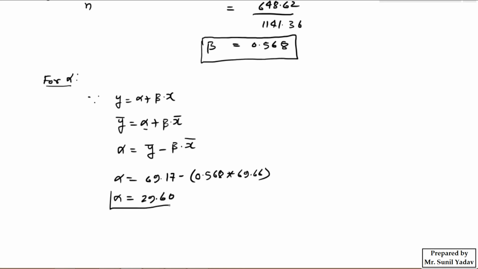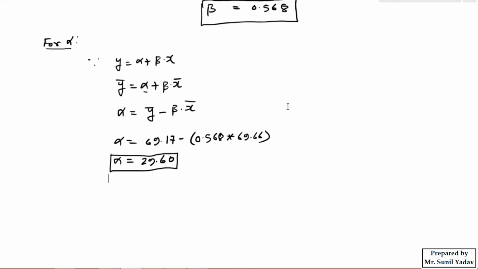So this is nothing but the value of alpha, and after estimating the value of alpha and value of beta, we can find the equation of prediction.